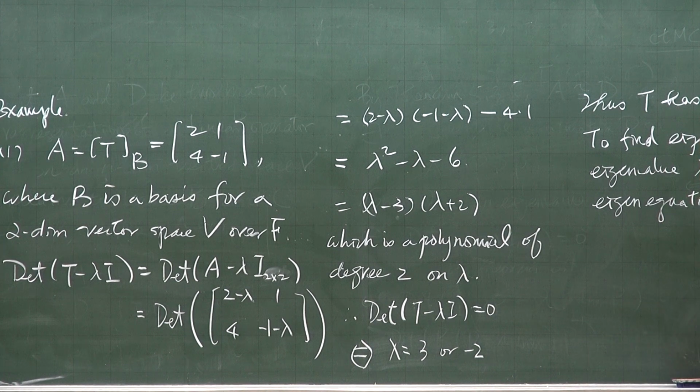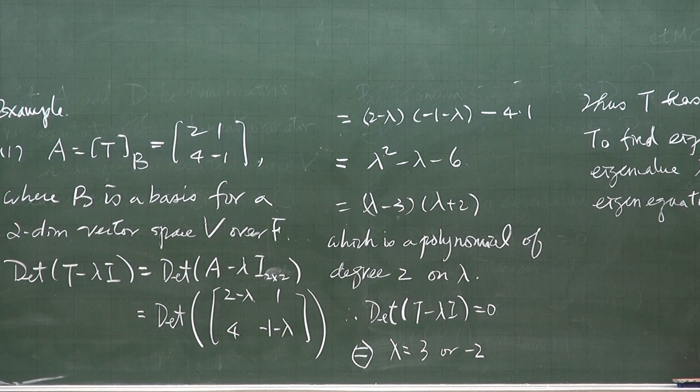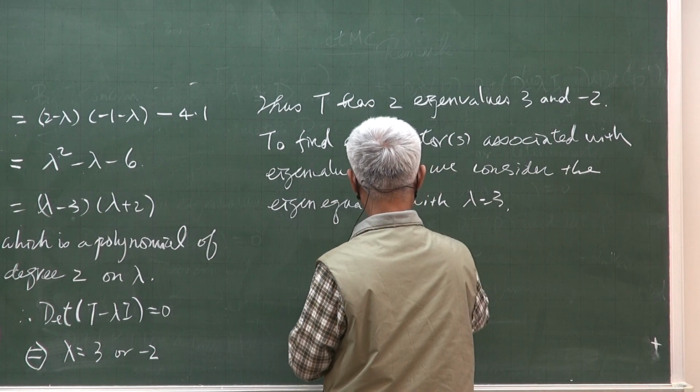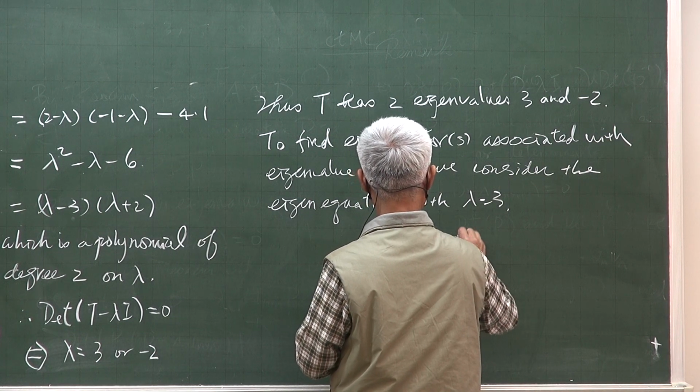So we have to find the eigenvectors for each eigenvalue. Okay. So now we have to solve PV equal to 3V.